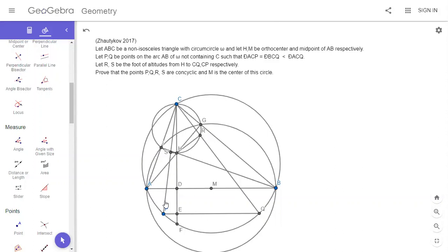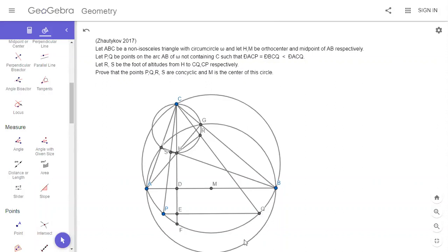So yeah, an angle chase. We could show angle CQP is angle CSR, because angle CSR is equal to angle CHR, and CHR is CQE. So yeah, they're cyclic, and then we have to show M is the center, and M lies on the perpendicular bisector of PQ by symmetry.